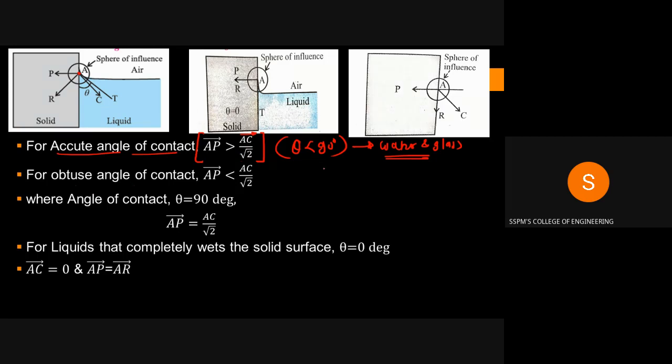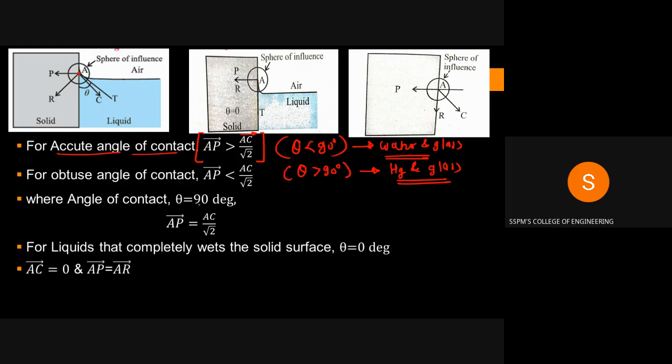For obtuse angle, it means theta is greater than 90 degree, the example is mercury and glass. Here the adhesive force is less than the cohesive force divided by square root 2.